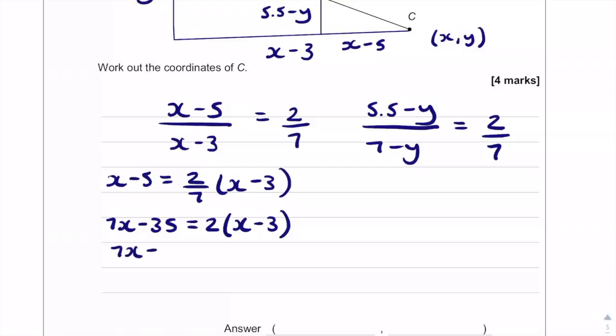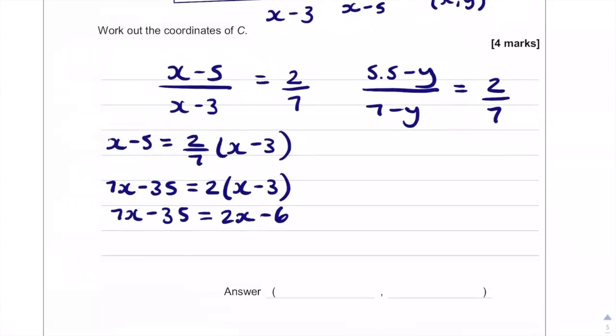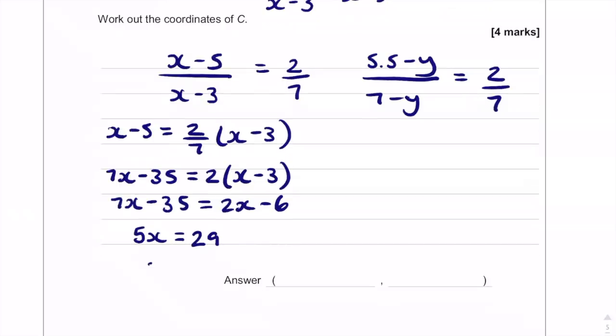I'm going to get 7x minus 35 is equal to 2x minus 6. If I then add 35 to both sides and subtract 2x from both sides, I'm going to get 5x is equal to 29. So x must equal 29 over 5. So that's my answer for x.